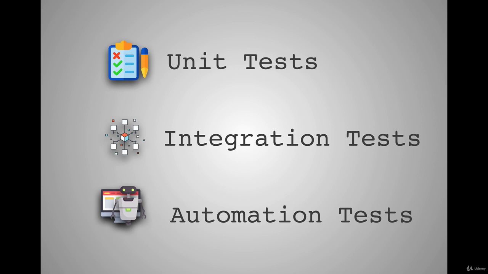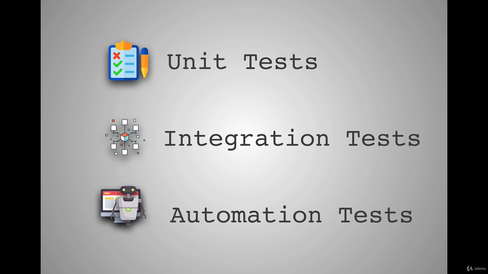We learned that there are three main types of tests, which are unit tests, integration tests, automation tests. And that out of all these three, unit tests are the easiest to write and also the cheapest for companies to use as a tool for us to minimize bugs.